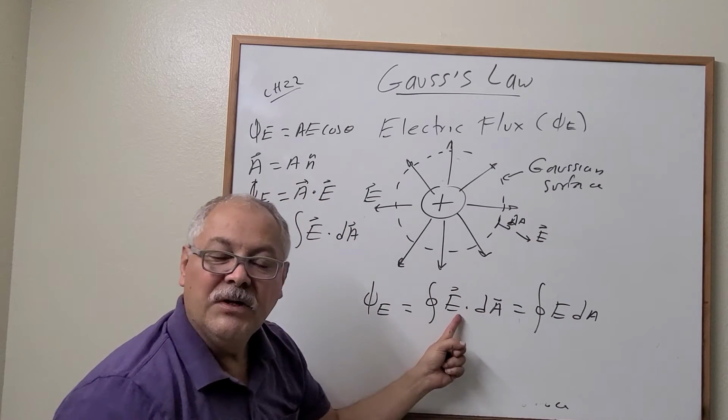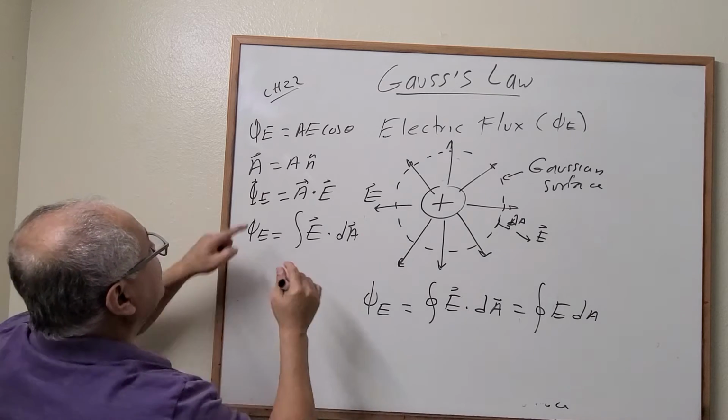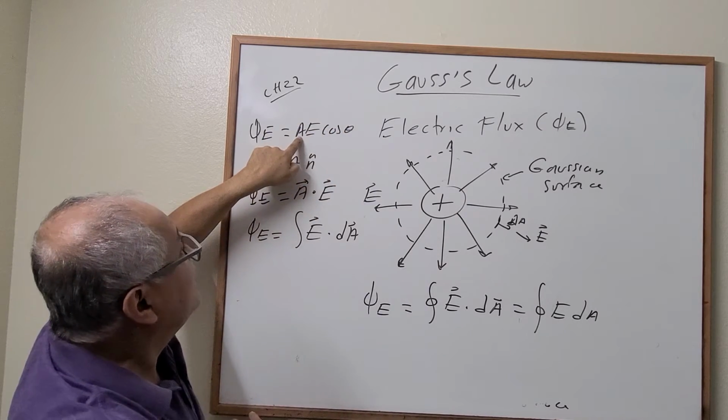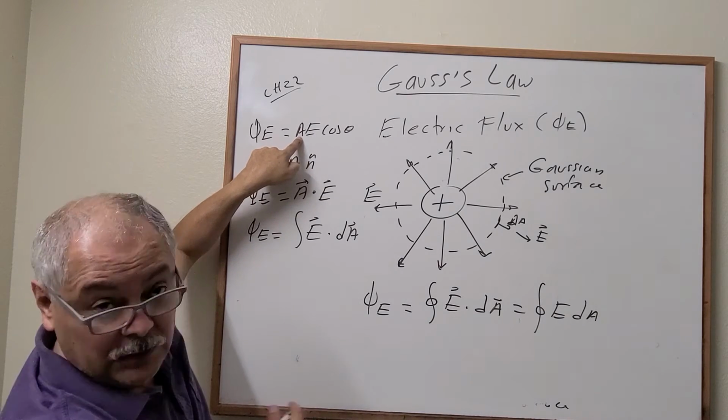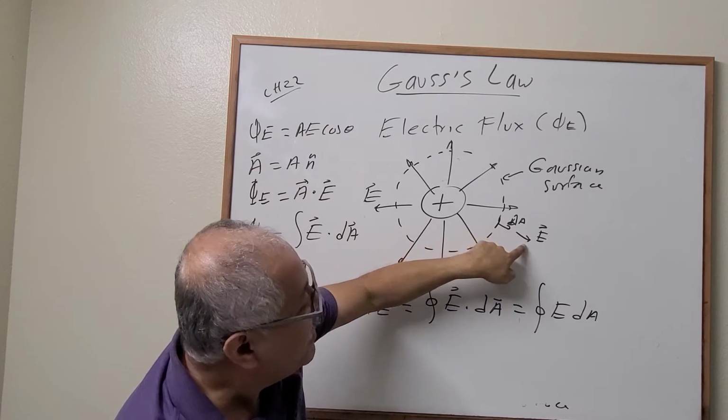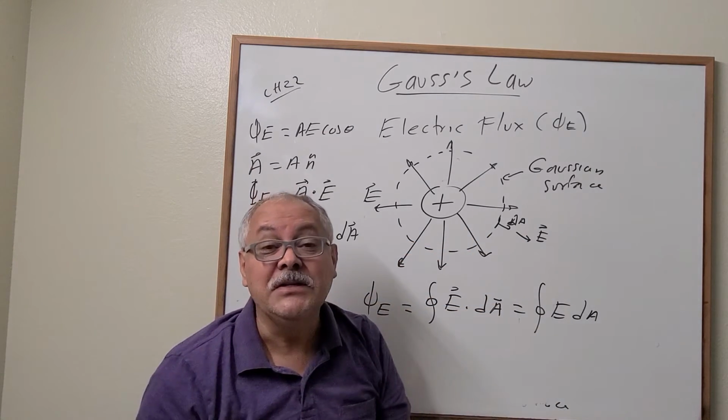What is the angle between the normal of the surface and the electric field? They are parallel, so the angle is 0, cosine 0 is 1.